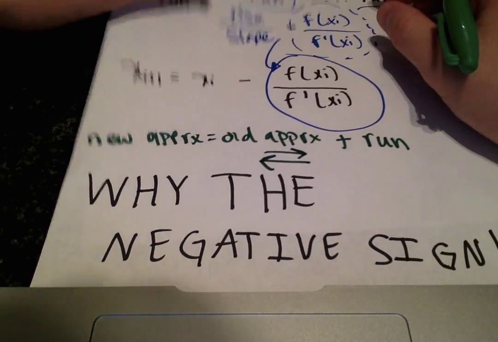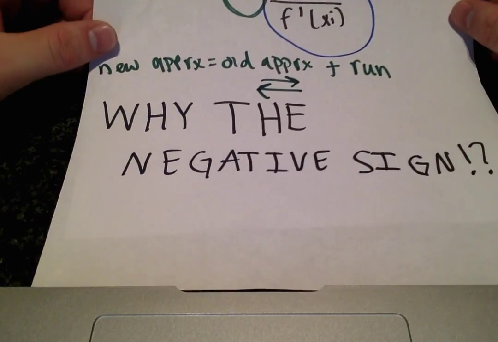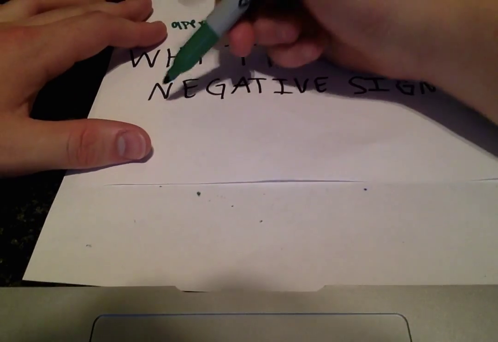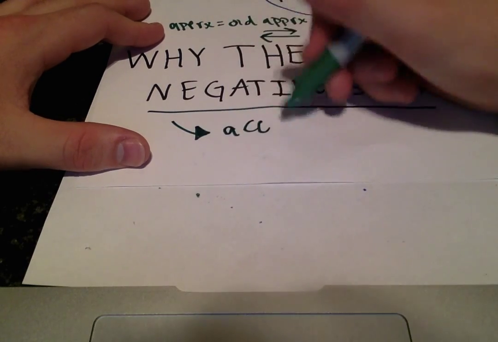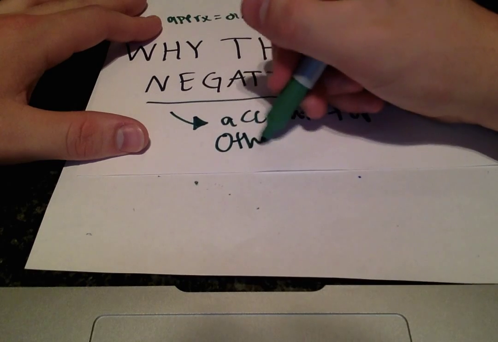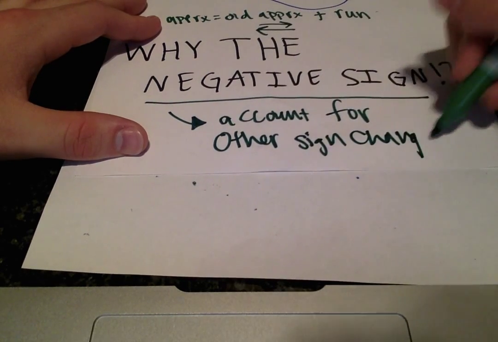And you might be thinking at this point, why is there a negative sign? You just told me it's plus. But the negative sign can be explained. The negative sign is used to account for other sign changes.